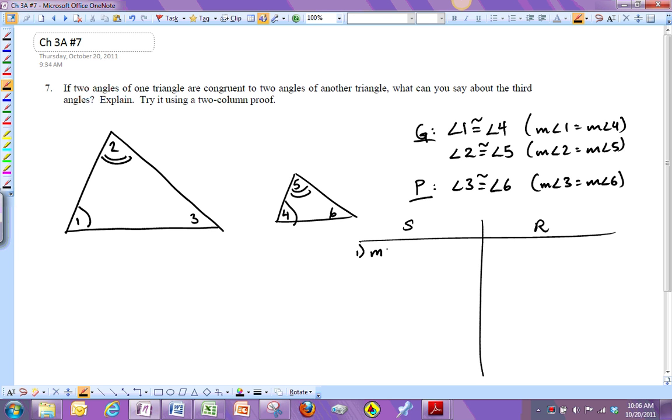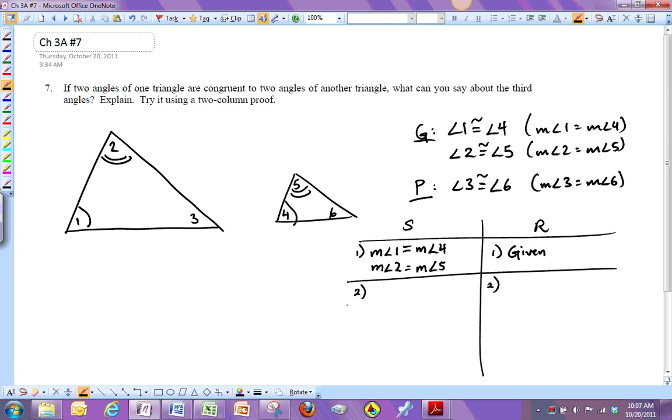So we'll start with the given. I'm going to use the m versions here. So that's given. Okay. Well, what we talked about was you're going to use the fact that these triangles add up to 180 here.